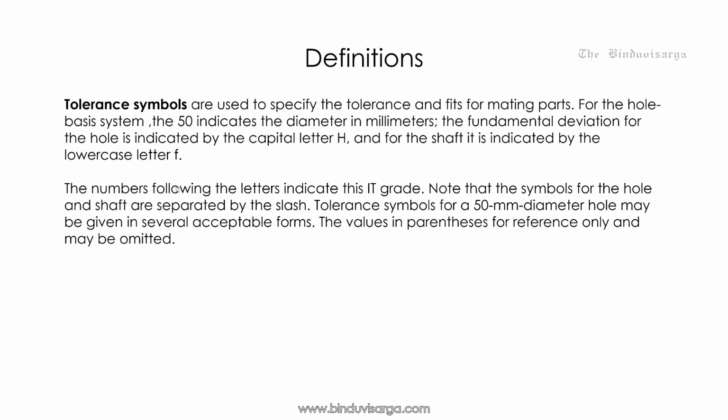The fundamental deviation for the hole is indicated by the capital letter H, and for the shaft it is indicated by the lowercase letter f. The number following the letters indicates the IT grade. Note that the symbols for the hole and shaft are separated by the slash.